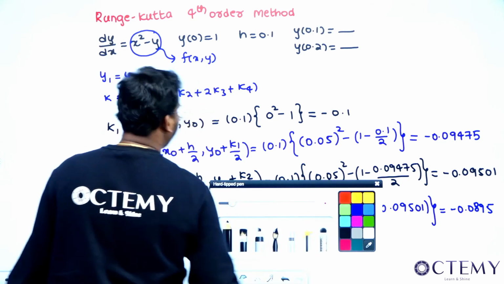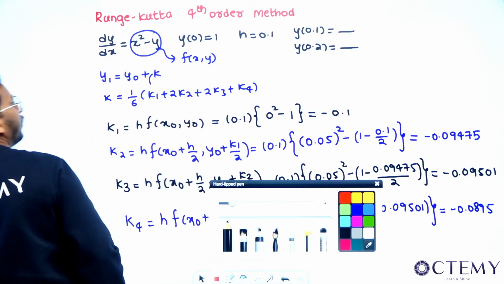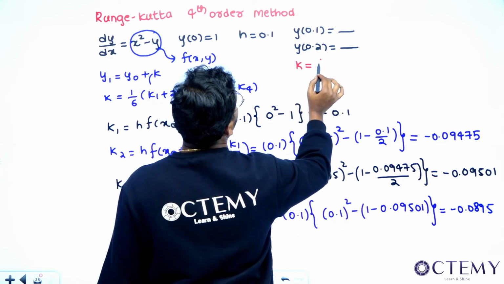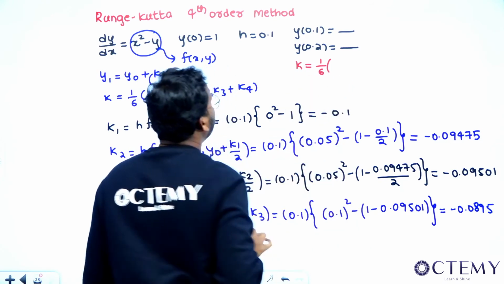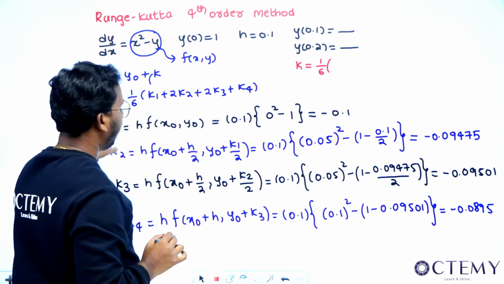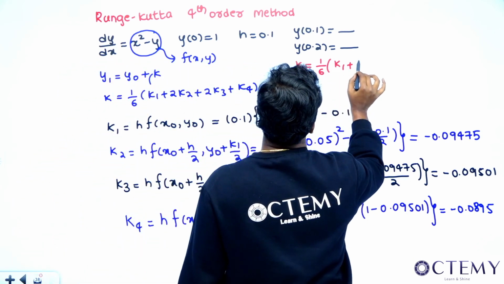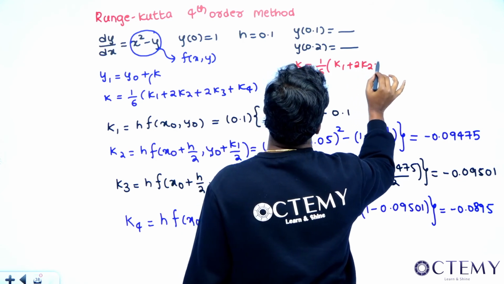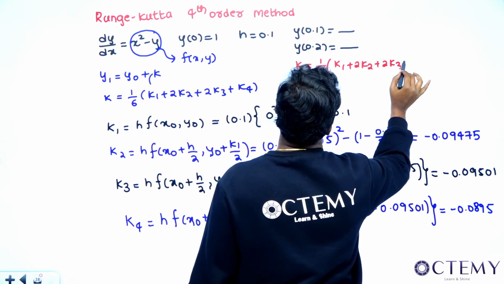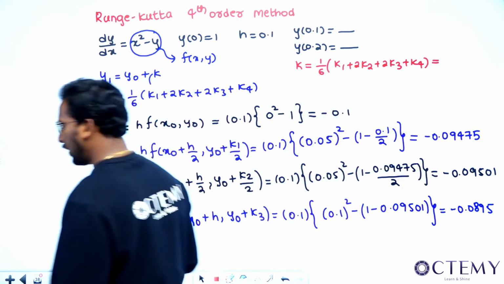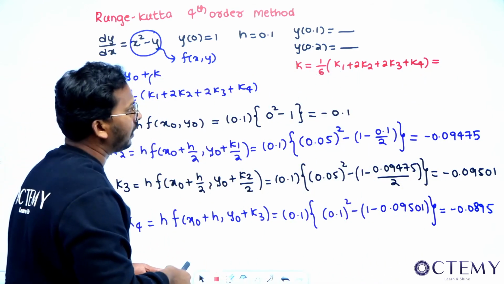Now, see, sir, let us find the value of K. The value of K, I am writing it here, that would be 1 by 6 times K1 plus 2 K2 plus 2 K3 plus K4. Let me write the values directly in the calculator and see what I get.